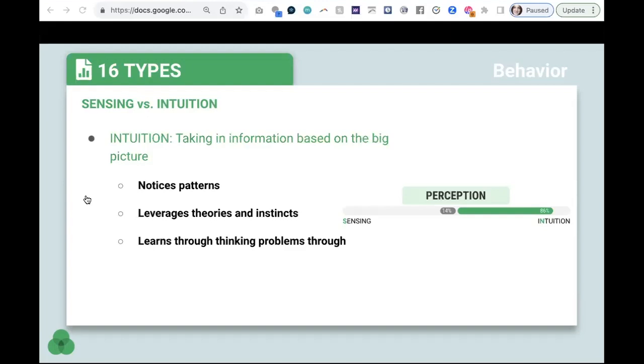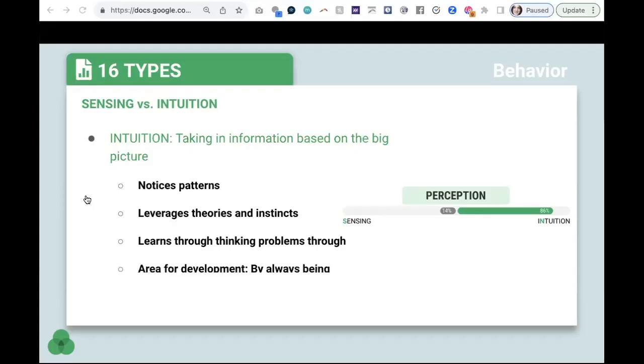So whereas the sensor may learn by putting all the fact puzzle pieces together, the more intuitive person is going to learn through the sort of fluid thinking process, right? They're more forward looking. Also, they're focused on what's possible, and they'll remember the big picture more than the details.